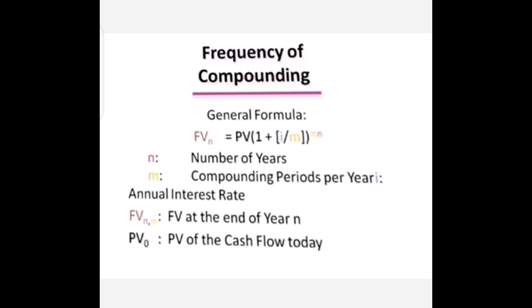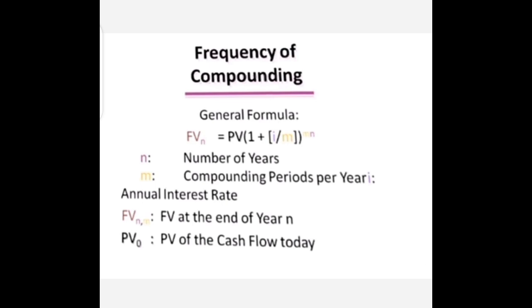The simple formula for finding the future value is FV = PV times (1 plus i over m) to the power mn, where n represents the number of years, m represents the compounding periods per year, and FV represents the future value at the end of year n. PV represents the present value of the cash flow, that is today.